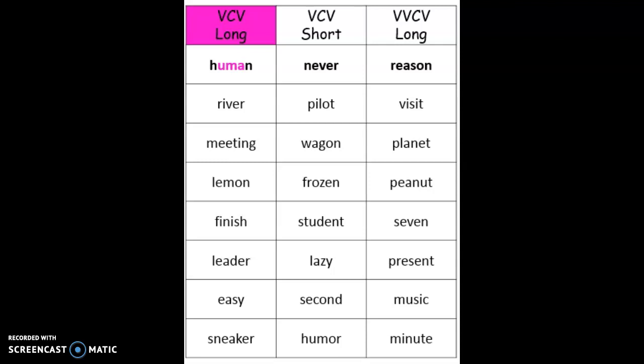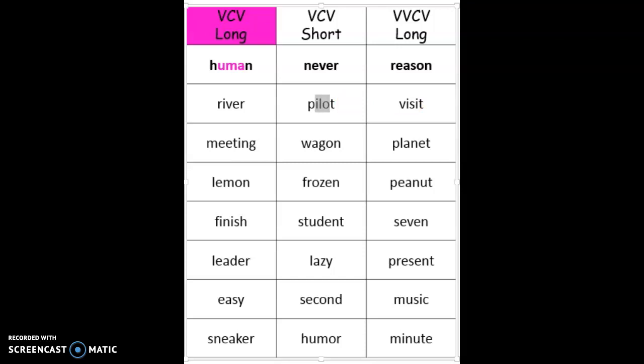There are 6 other words that belong in this category that have a vowel, consonant, vowel pattern that has a long sound. The next word that I can find is pilot. I-L-O. That follows the vowel, consonant, vowel pattern with a long sound.